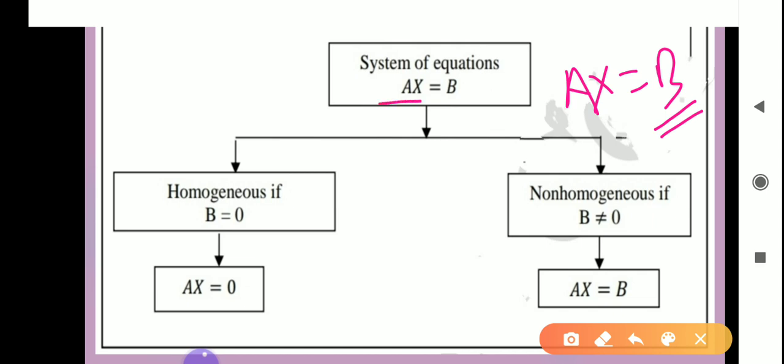Here AX = B is the given system. When B is equal to 0, that is AX = 0, the right hand side of each equation is 0, and we say that system is homogeneous. And if B is not equal to 0, then AX = B is a non-homogeneous system.